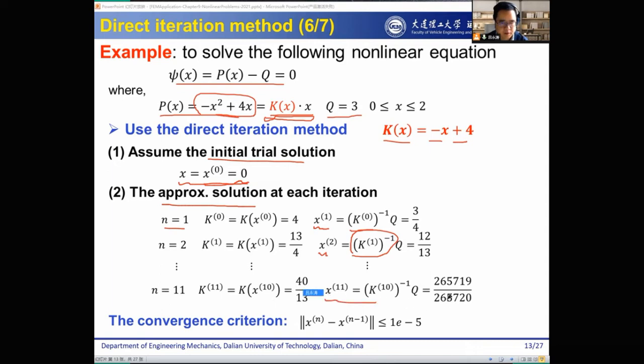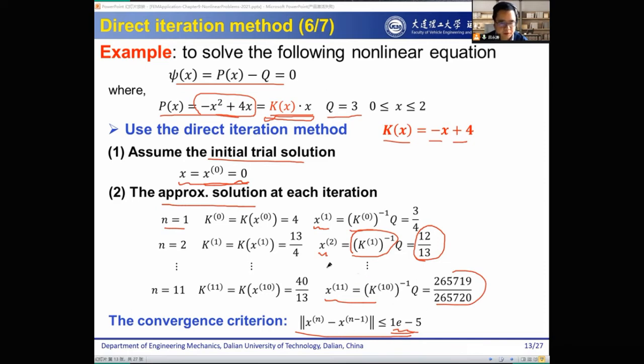At each iteration we check the convergence criteria. This is our convergence criteria. That is to check whether this value is smaller than this or not. If it is smaller, then we stop the iteration.